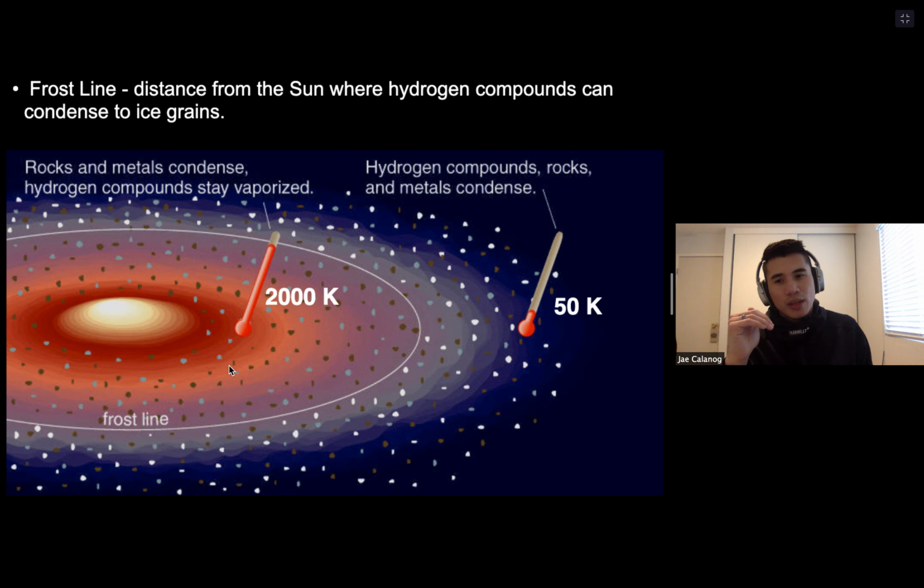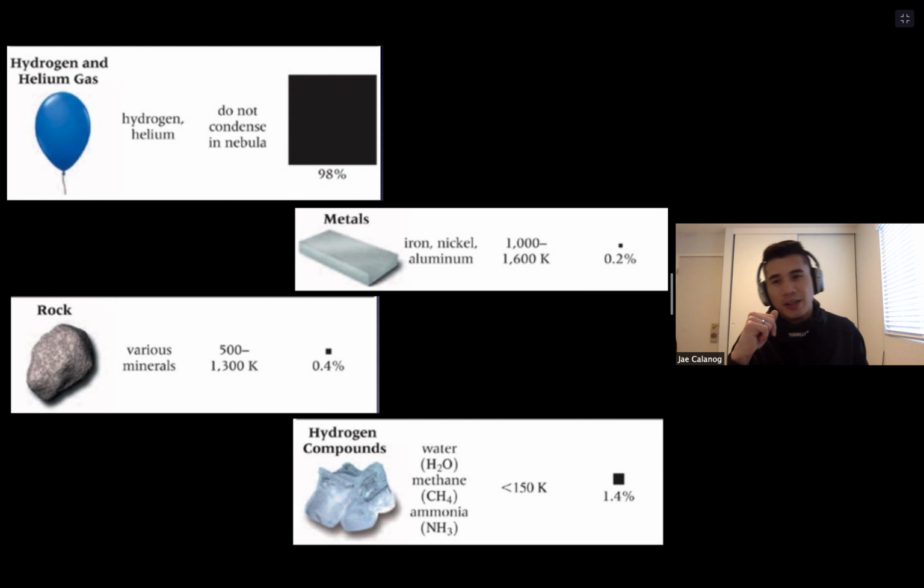Anything within that frost line, anything closer to the sun, has hydrogen compounds staying in their gaseous forms, whereas rocky materials and metals can still stay solidified. When you theoretically calculate how far the frost line is from the center of the solar system, it's about 5 AU. Keep in mind that number, because we're going to go back to it later.